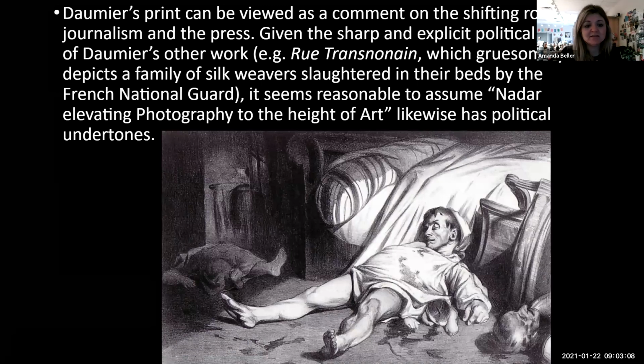We can see these depictions of contemporary events as a documentation of what's happening in reality versus what the government's allowing to be seen, and commenting on that. So again, commenting on a contemporary event is something he's doing. Good, bad, ugly.